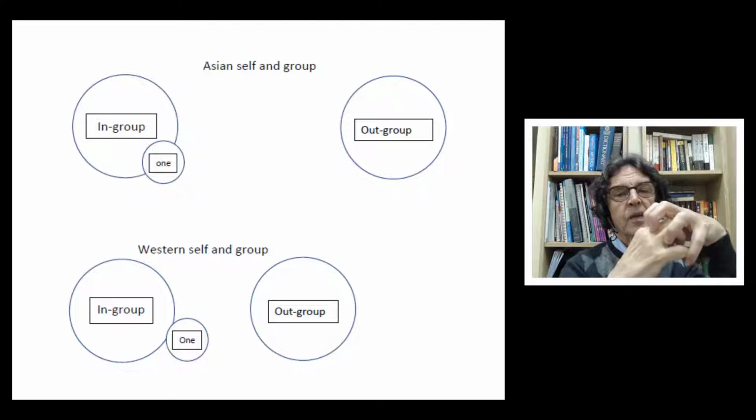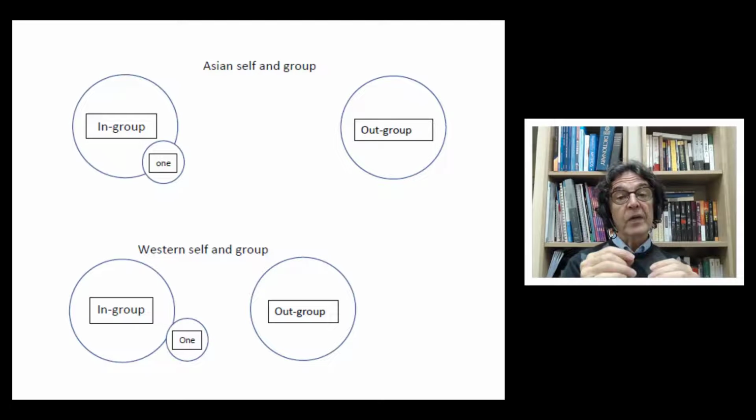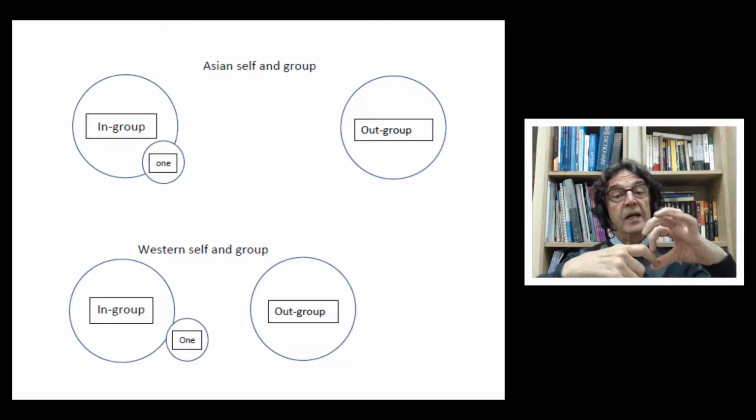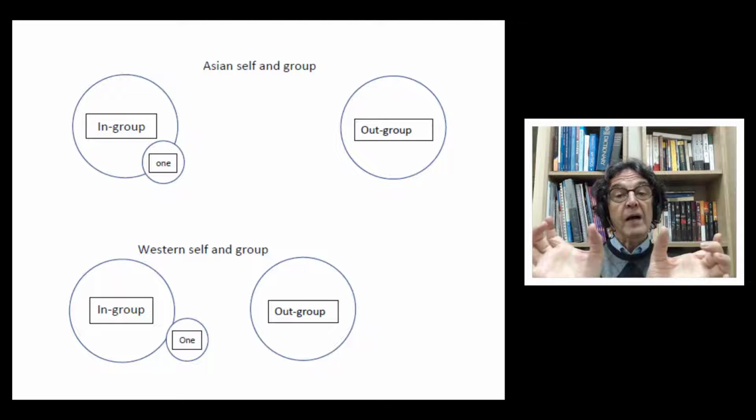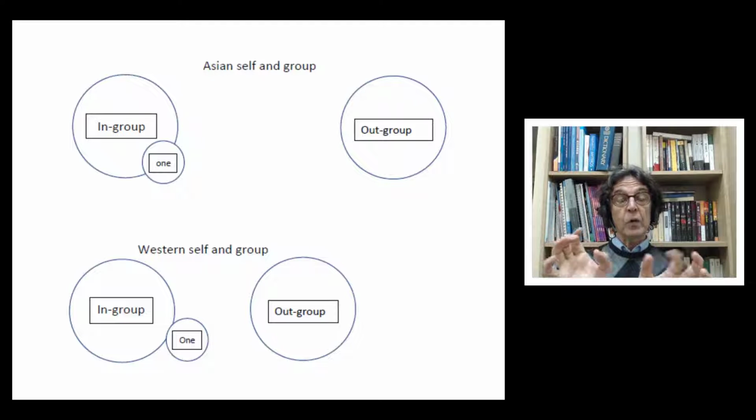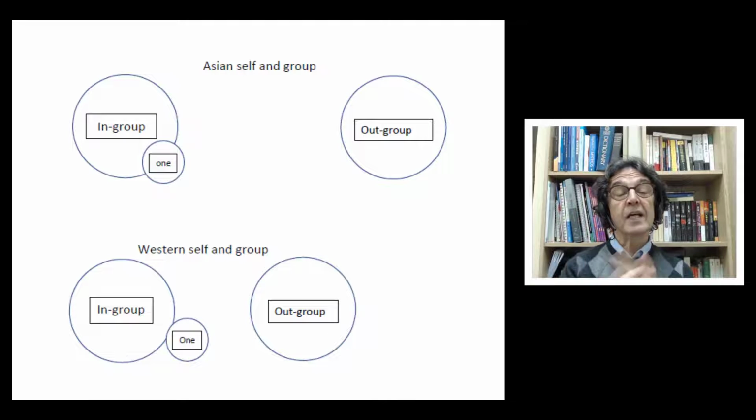A significant part of the in-group. In the Western model, that sense of self is kind of on the edge of that group. You will also notice that the in-group and the out-group in the Asian cultural view are quite far apart. You will notice that the in-group and the out-group in the Western cultural view are quite close together.